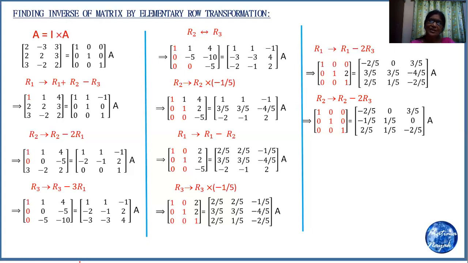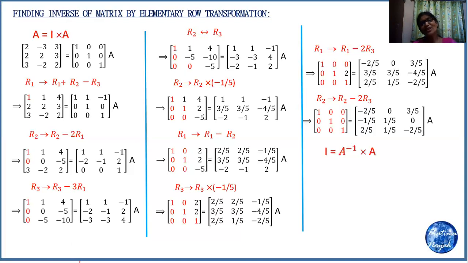Now, what do you observe? Have we reached our destination? Yes. On the left side, it is clearly visible, an identity matrix. So when we got the identity matrix, our job is fulfilled. So write the expression now.